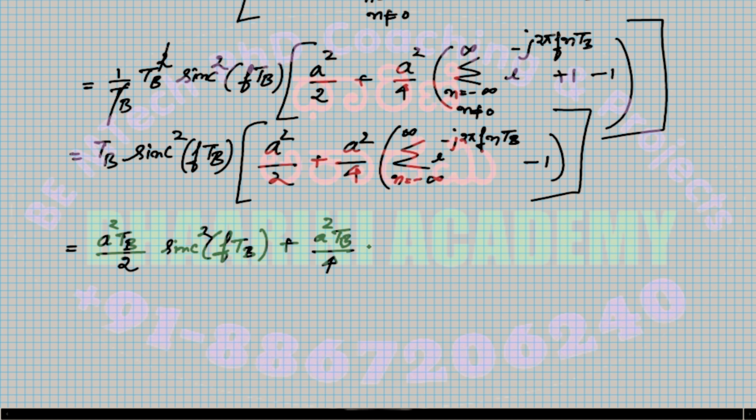I still have the sinc square function f into TB into that summation. So this summation is n equal to minus infinity to plus infinity, e to the power minus j 2 pi f n TB, minus 1.